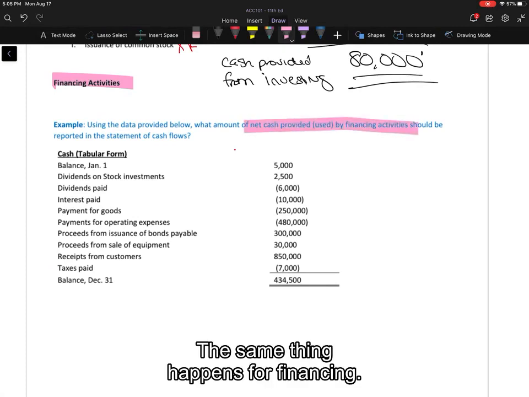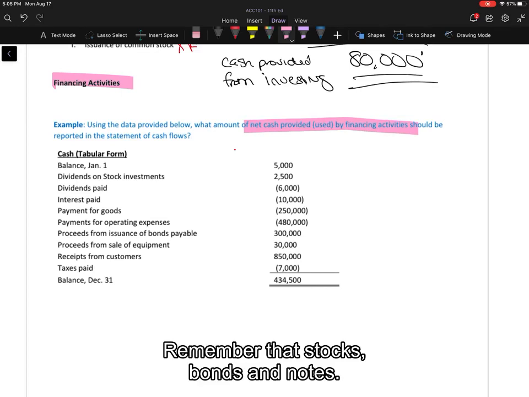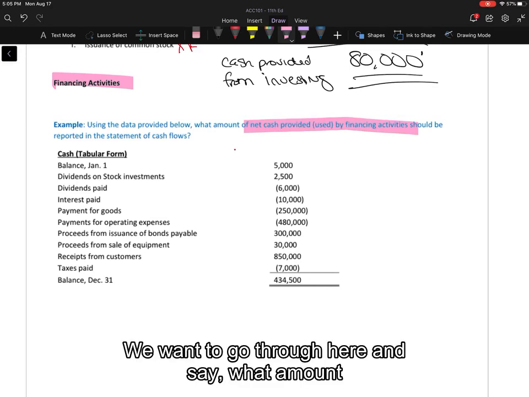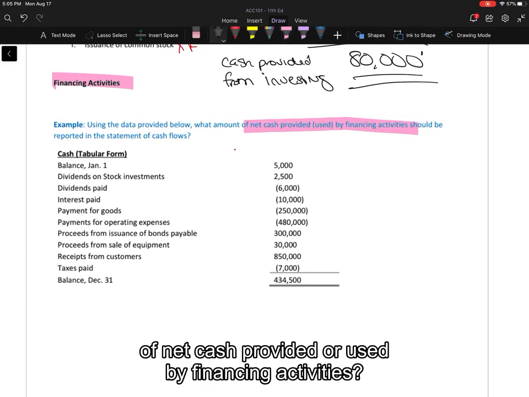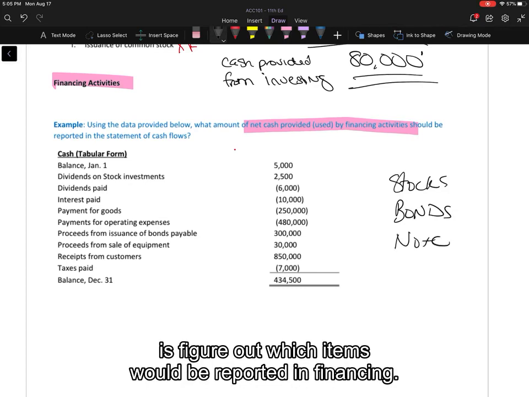All right, and the same thing happens for financing. Remember, that's stocks, bonds, and notes. So we want to go through here and say what amount of net cash provided or used by financing activities. The first thing that you want to do is figure out which items would be reported in financing.